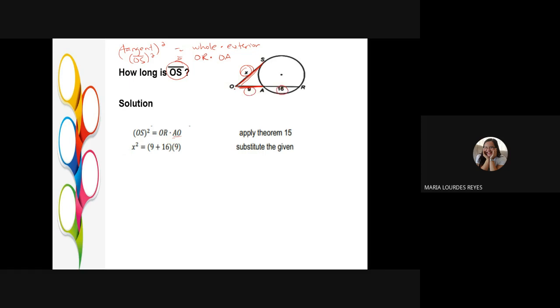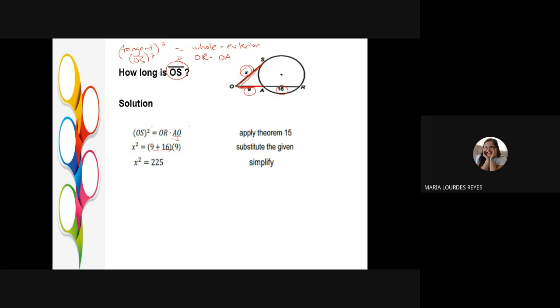Remember, we are talking about the whole secant segment. So ibig sabihin, you're not just going to get 16 nor 9 alone, but both of them. So, ginawa natin 9 plus 16. Ano yung OA? OA is 9. That's why we have written 9 separately. Inulit natin siya. So, what will you do next?